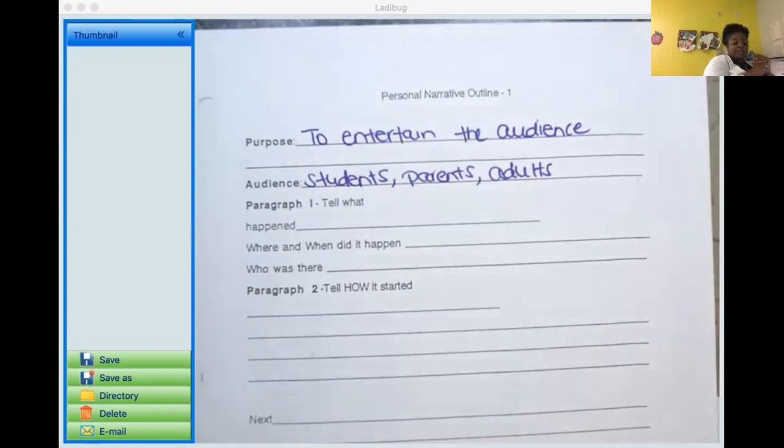However, when I was cleaning out my garage a couple of weeks ago, I actually found my personal narrative that I wrote in 4th grade, and I'm going to bring that in so that you guys can see it. I wrote about my very first time going to Disney World. So as I'm doing my outline, I'm going to be talking about the events that happened on that very first time that I went to Disney World, okay?